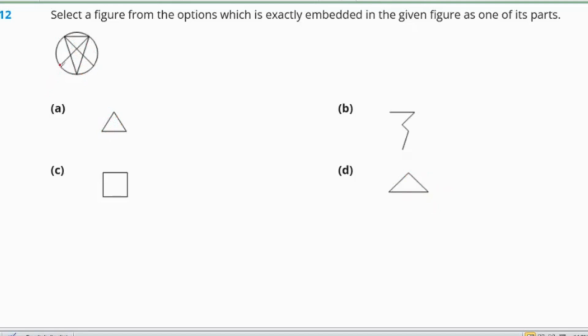And in this bigger figure we have this sector, but not this triangle. So the only figure we are left with is this one. Let's try if this figure is here or not. If we go with this, then this, then this, and then we move like this, we can clearly see this figure is correctly embedded over here. So that's why option B is our correct answer.